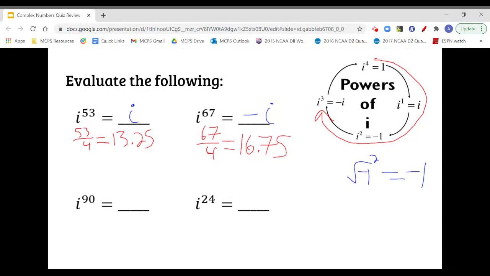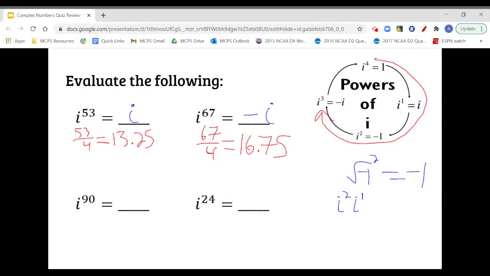Okay? When it comes to finding i to the 3rd, I actually like to break this up. Instead of writing i to the 3rd, I'm going to write i squared times i, or in other words, times i to the 1. Right? i to the 3rd means i times i times i. Well, i squared is i times i, and then I have times another i here. So those are equivalent expressions. Both of them are 3 i's being multiplied together.